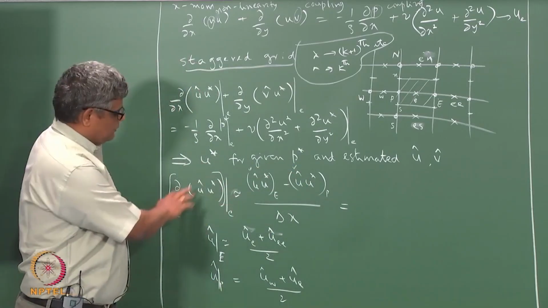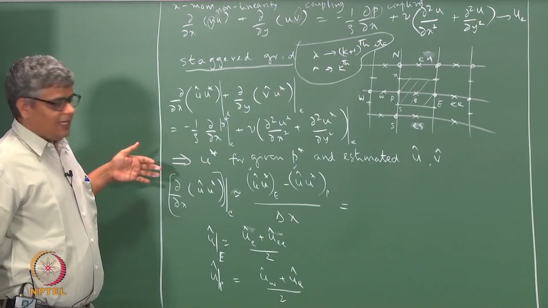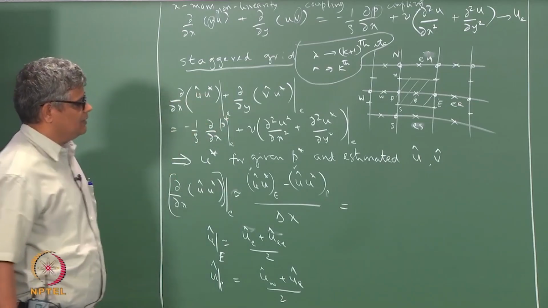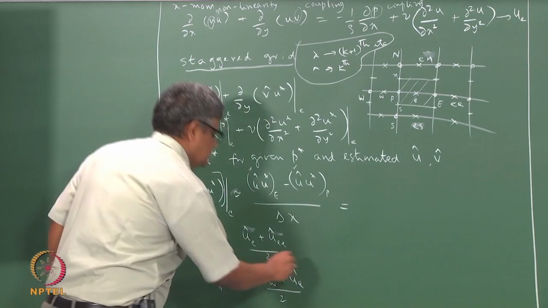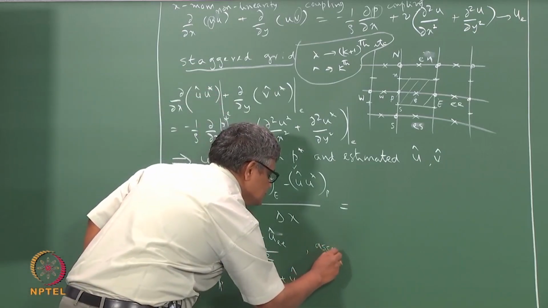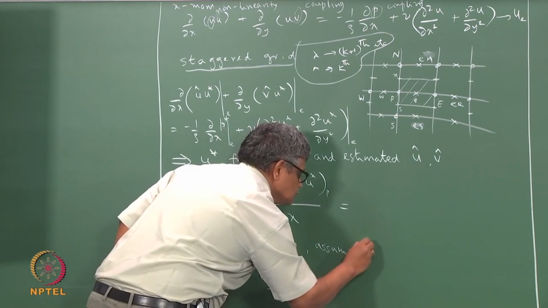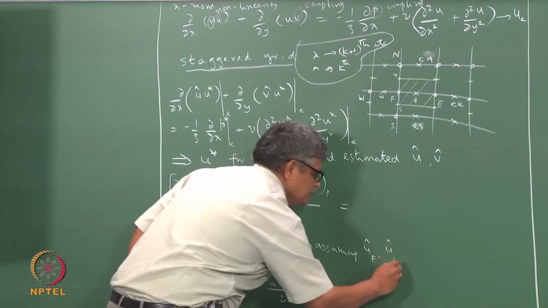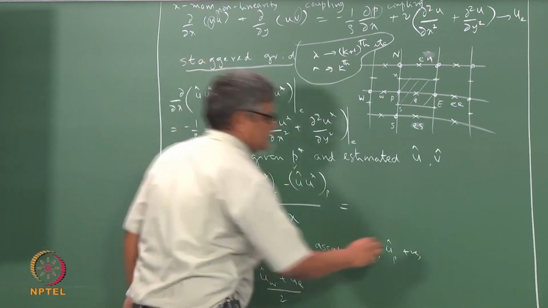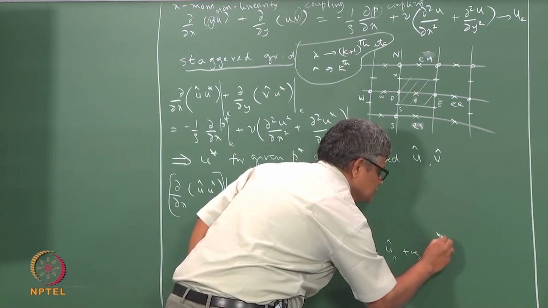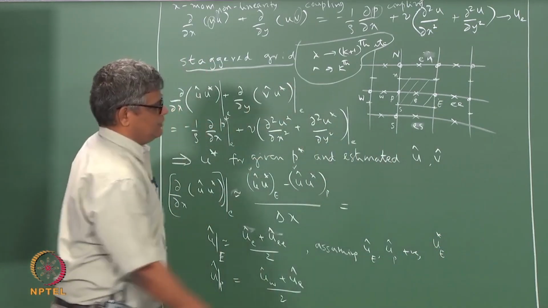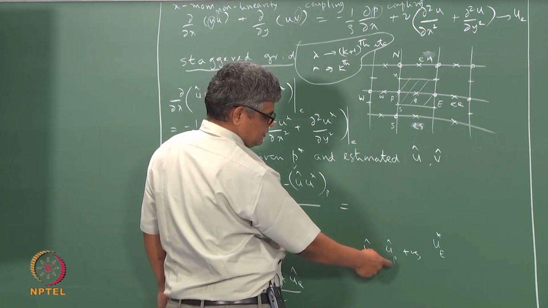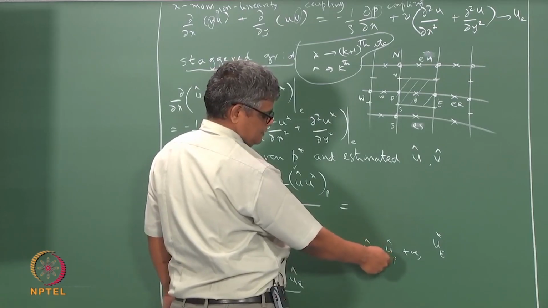Now when we look at this term here, this is the advection term. We know that we would like to treat the advection term using upwind. So assuming u hat at E and u hat at P to be positive, the flow is going in this direction because UP and UE are positive.